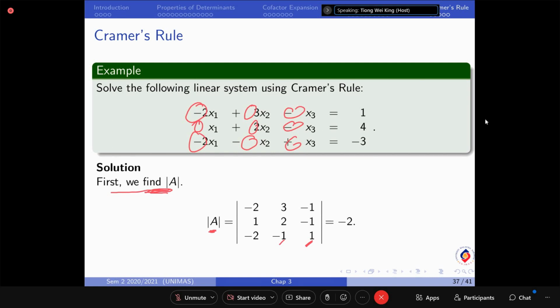I prefer the introduction part one, it's easier. If you want to use cofactor, it's okay. I think nobody uses the reduction to the triangular matrix, the row operation one. Either you use the cofactor or the one in the introduction part. Okay, so that's the determinant for matrix A.